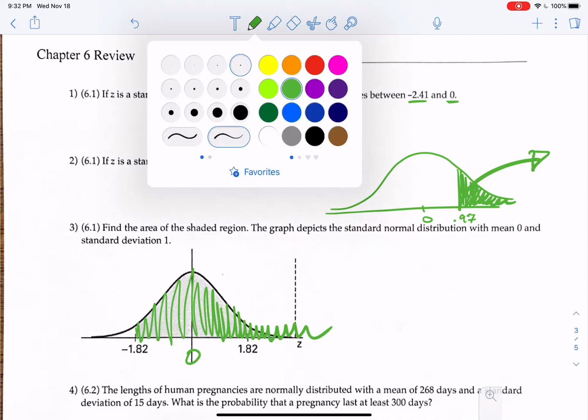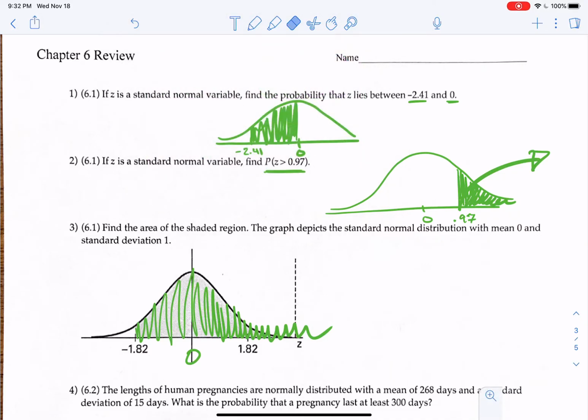So I have this drawing for number 1 already filled out, and they're wanting to know if I am given the z-scores that are negative 2.41 and 0, what percent lies in between those two. So we've drawn the picture already. 0, we don't necessarily have to look up on the chart because we know that everything to the left of 0 or everything to the right of 0 is 50%. So 0.5000 as a decimal.